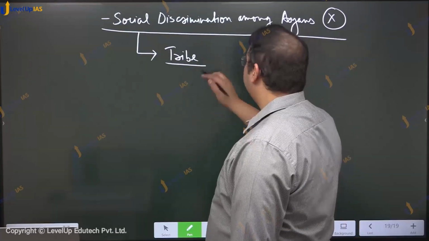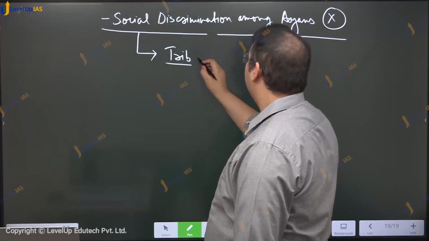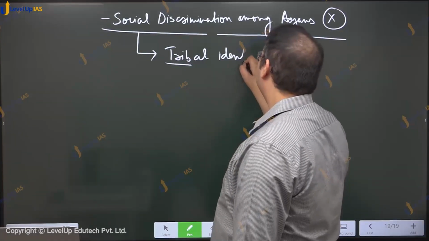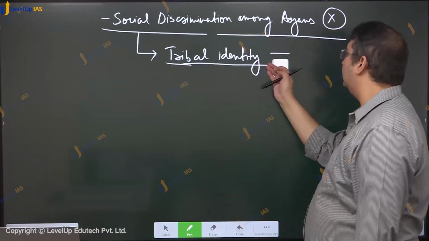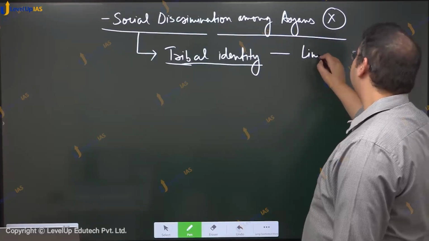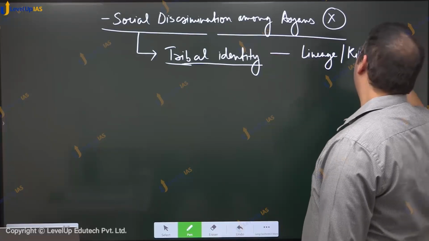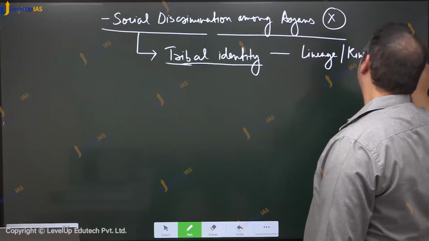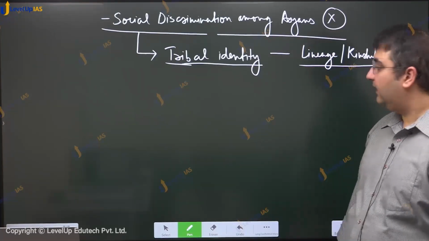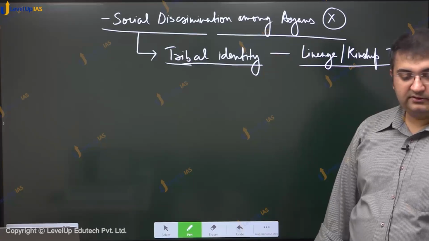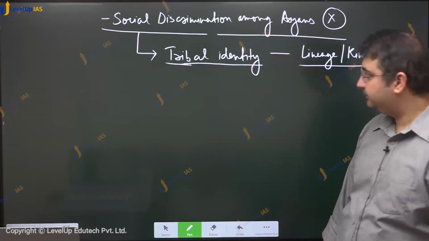So the reason for this was their tribal identity, based on common lineage or kinship ties. So in reality or in their imagination, the Aryans of a particular tribe believe that they are all related to each other through a common ancestor.